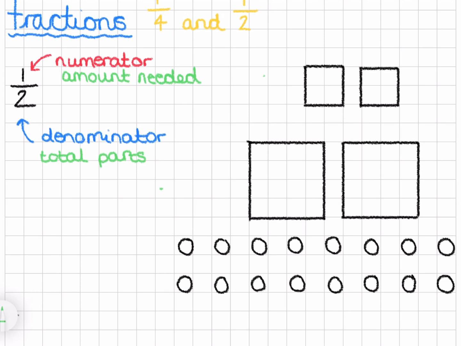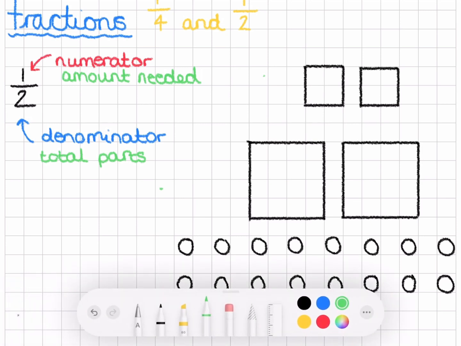So I'm going to show you on this first little square, and we need to know that there are 2 parts in total. Right now there is 1 part total, but we need 2. So I'm going to take a different colour and split it right down the middle, because if I'm splitting something in 2, you split it in half.